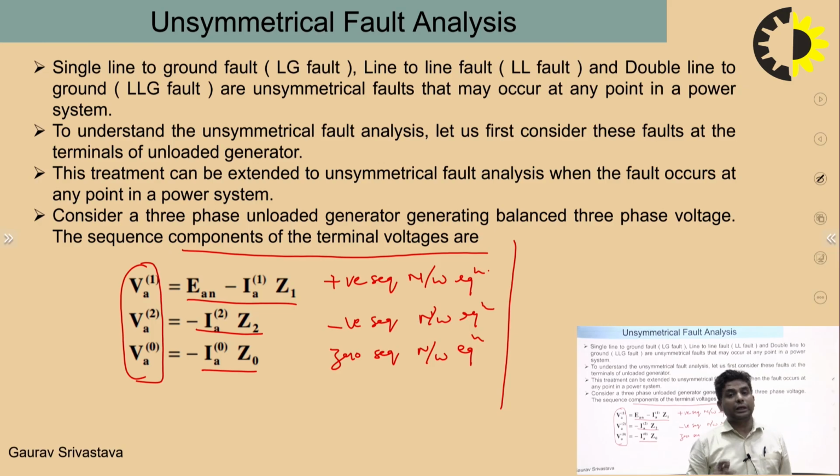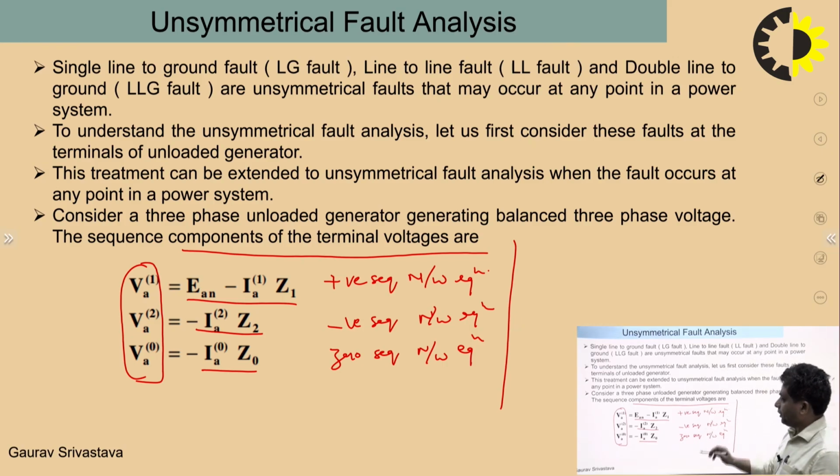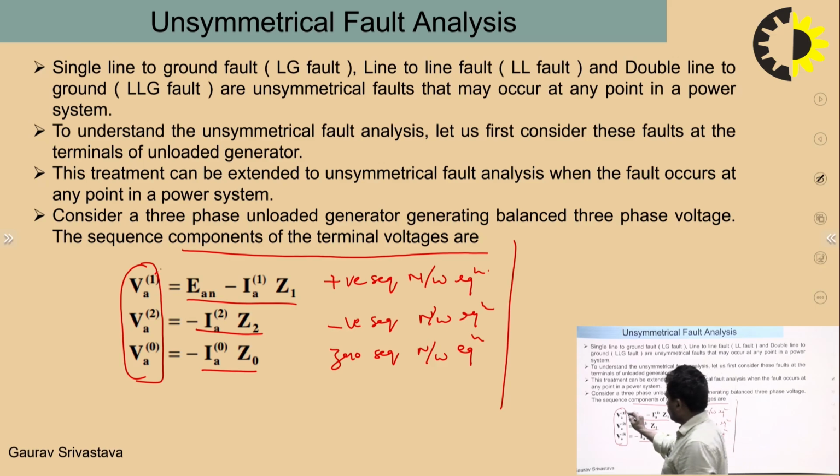That's why the circuits are called positive, negative and zero. They come from the Fortescue theorem, where an unbalanced n-phasor system can be defined as n balanced systems, or symmetrical components: positive, negative and zero. One is denoted as positive, two as negative, and zero as zero.